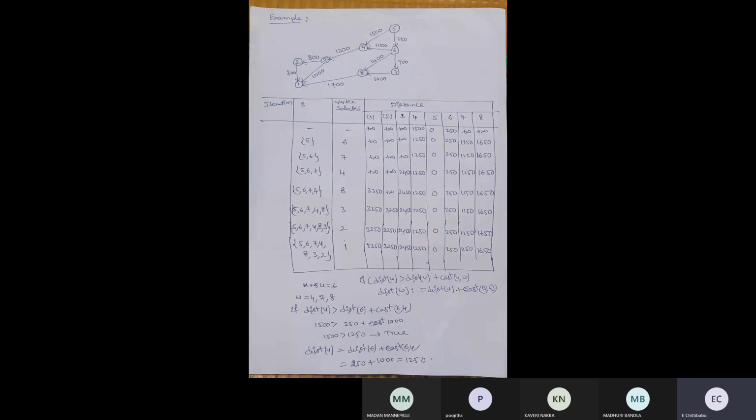Condition is false. Condition is false means write again the previous value. This is the way of finding the distance.